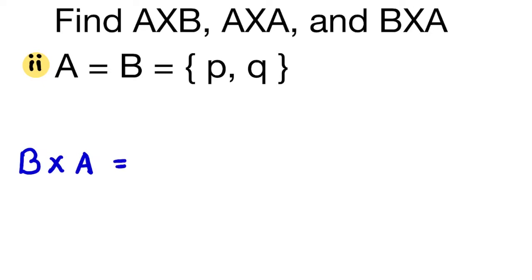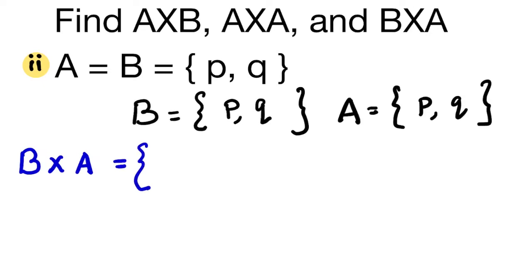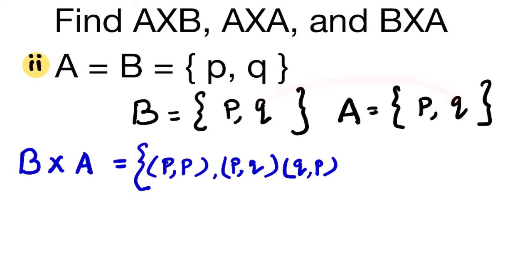B cross A is the set of all ordered pairs (P, P), (P, Q), (Q, P), (Q, Q).